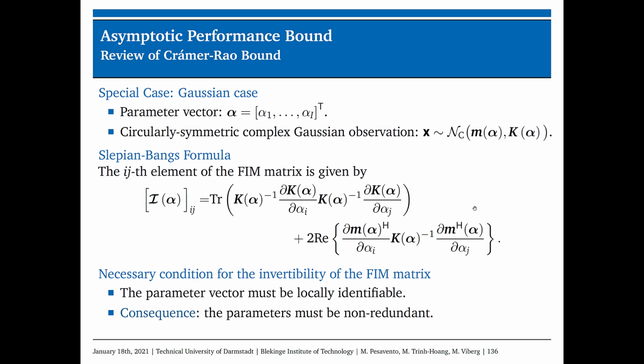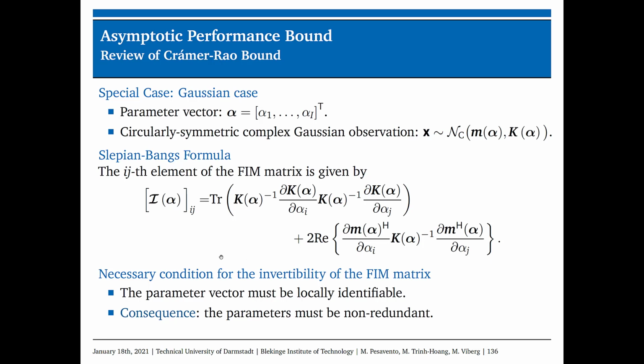For the special case of circularly symmetric complex Gaussian random observations with mean given by the vector m, which is a function of the parameter vector alpha, and the covariance matrix given by the matrix K, which is also a function of the parameter vector alpha, the Fisher information matrix can be easily computed using the well-known Slepian-Bangs formula. This formula is given over here, and it only involves the partial derivatives of the mean and the covariance matrix with respect to the parameter vector alpha.